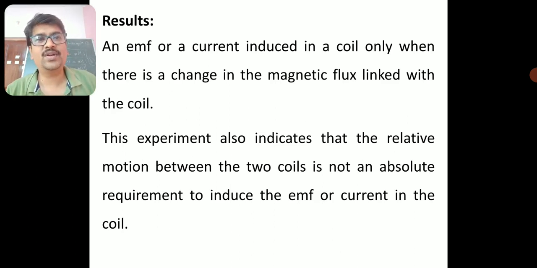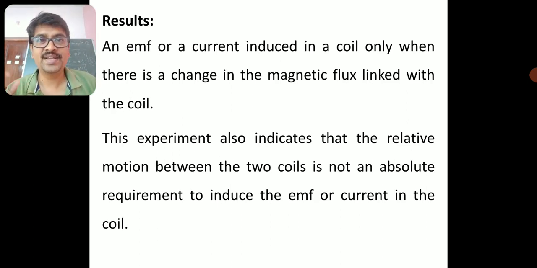This experiment also indicates that relative motion between the two coils is not absolutely required to induce an EMF or current in a coil. This is one different conclusion I can make out here. Even if there is no relative motion, you can expect some current.